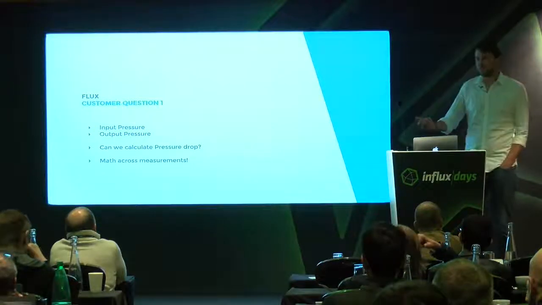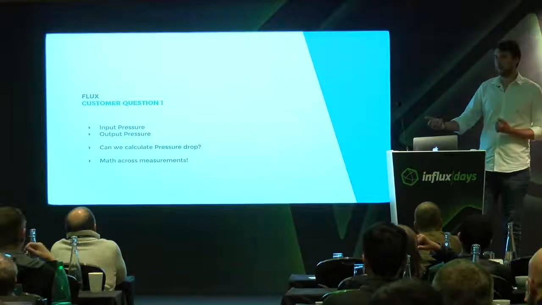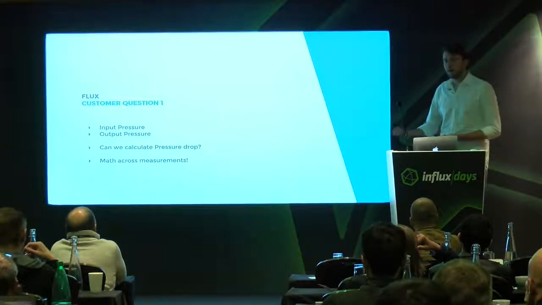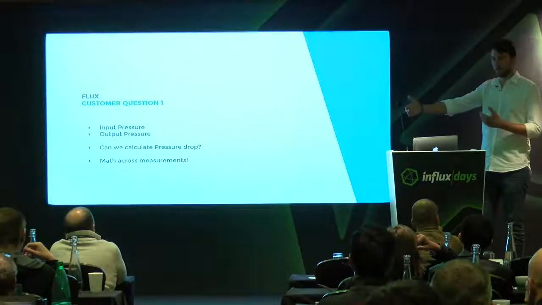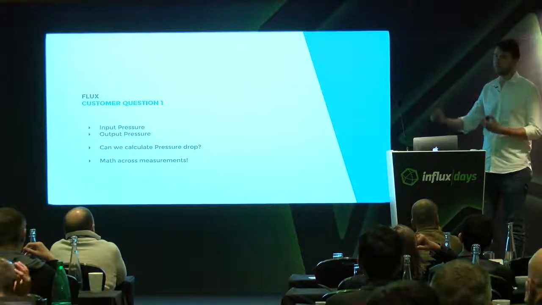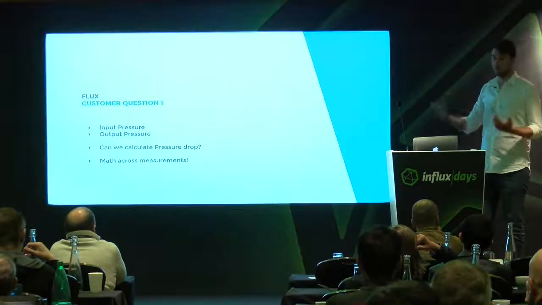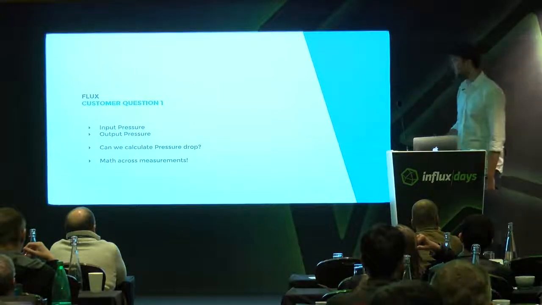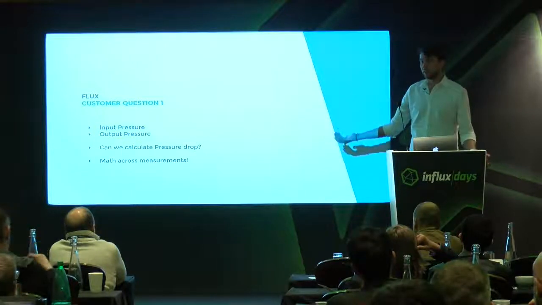There's this company that creates water purification systems. And a typical KPI for a water purification system is the pressure at the input versus the pressure at the output, the pressure drop, because it's a measure for how dirty your filter is. If pressure drop increases, that means your filter is dirty and you have to replace it. So basically they have two pressure sensors, input and output. Can we know the difference?